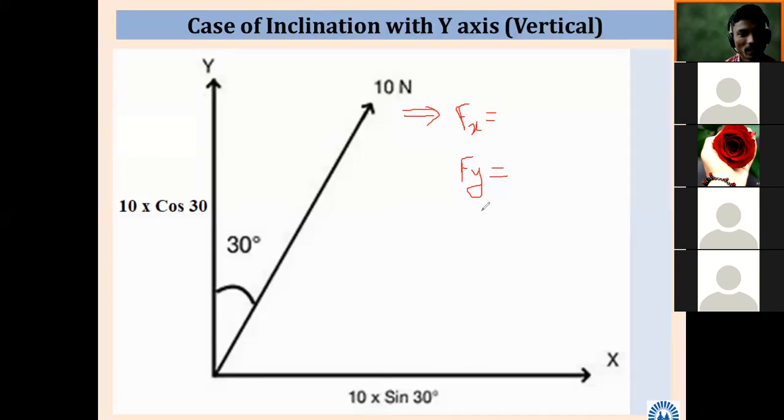When we want to calculate a certain component along a direction with which the angle is given, we have to take its cosine. Now, is the angle given with the X axis or the Y axis? With the Y axis. Whenever we want to calculate a particular component along that direction, we have to take cosine.